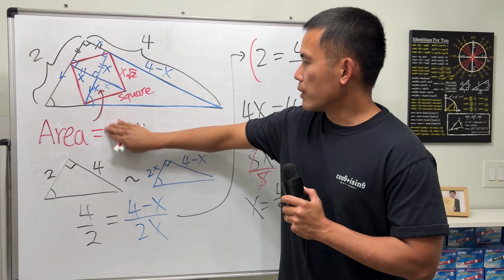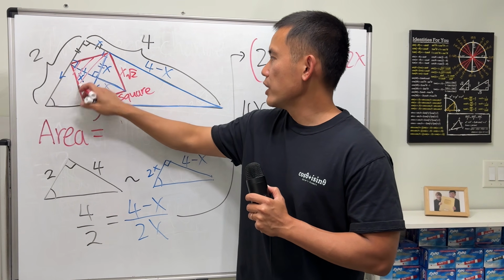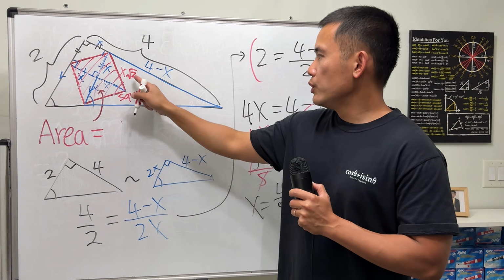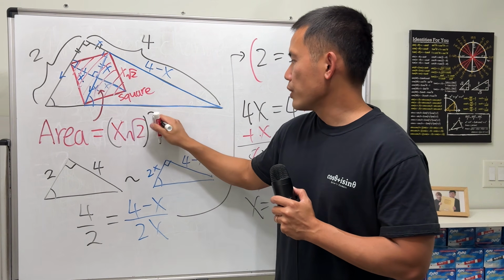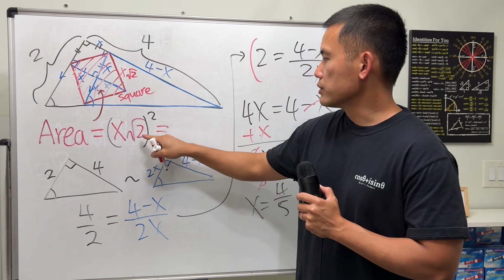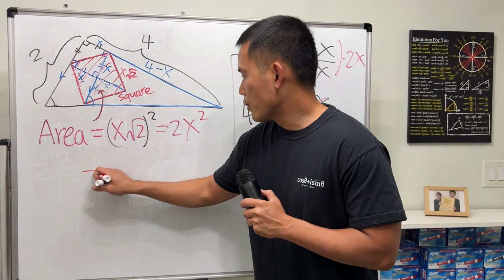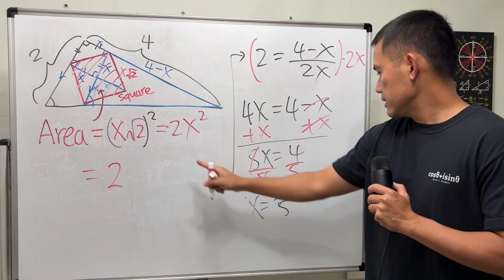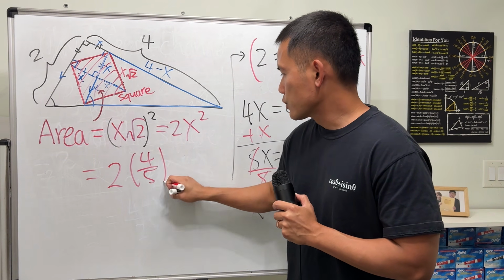Therefore, the area of the red square, which is this shady area here, you just take this side, which is x times square root of 2, and you square that, which is of course just 2x squared. And of course, x is equal to 4 over 5, so we can just put that down here and then square that.